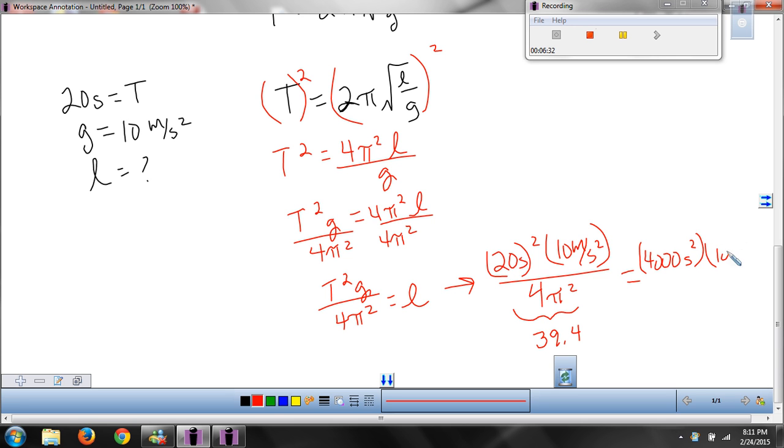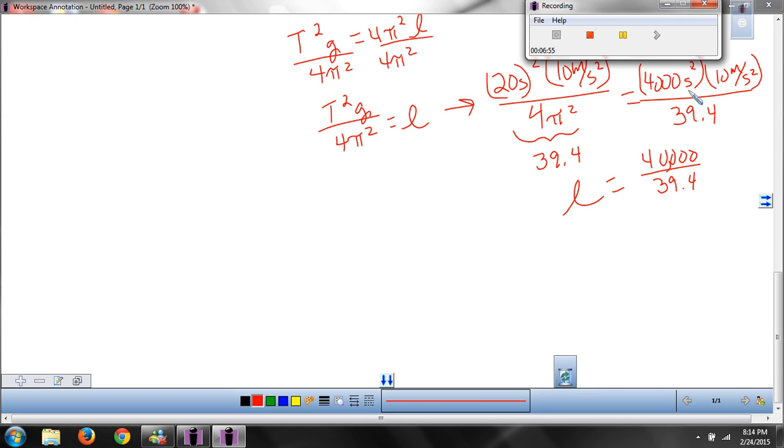I'll multiply that by 10, and I'm going to divide it by 39.4. So that's going to be 4 followed by 4 zeros, because 10 times 4,000 is 40,000, over 39.4. I'm going to pause for a minute and find out what the length is.